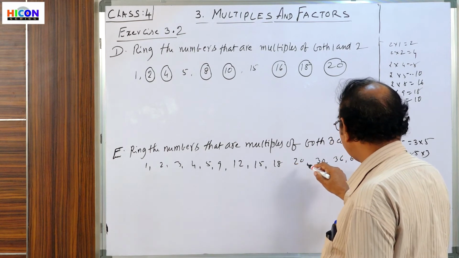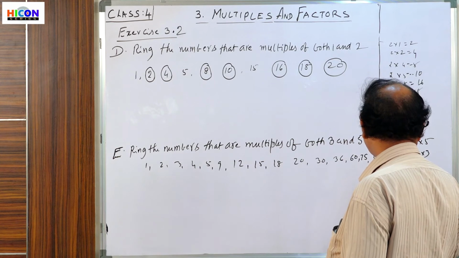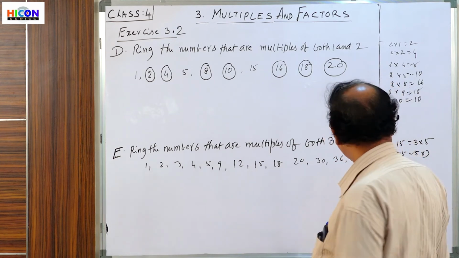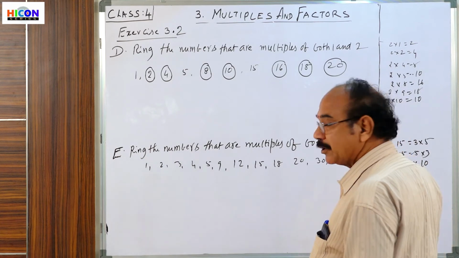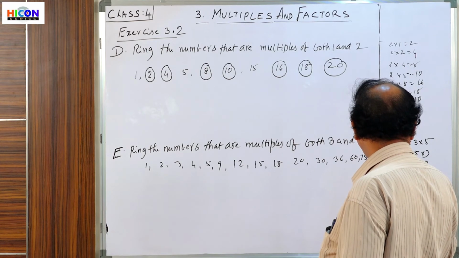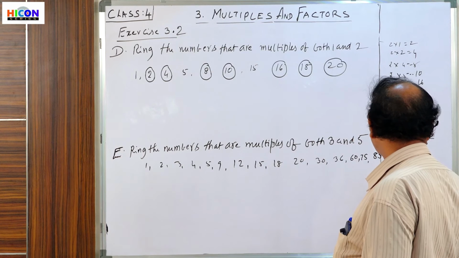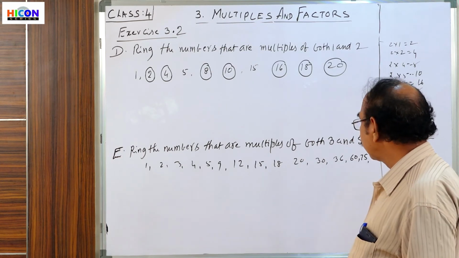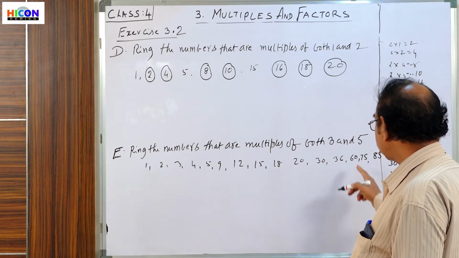Next one you see here, 30 you take. 3 tens are 30. And with the 5 table you tell now. That means here 5 sixes are 30. Next, 60 you take.